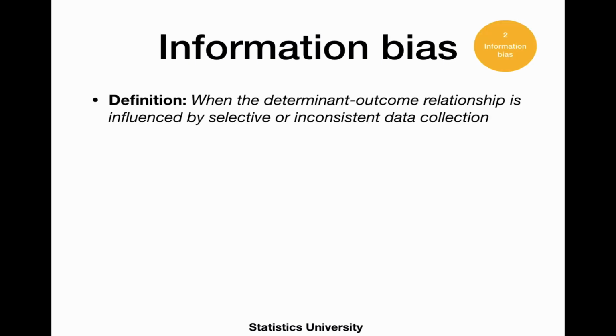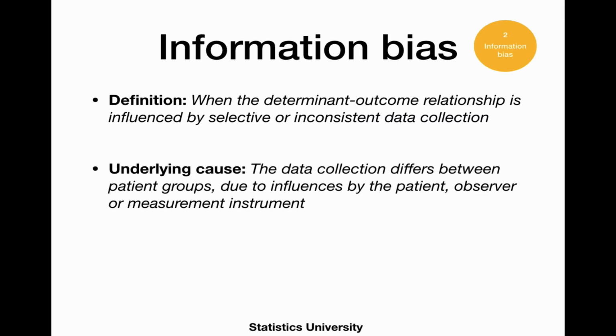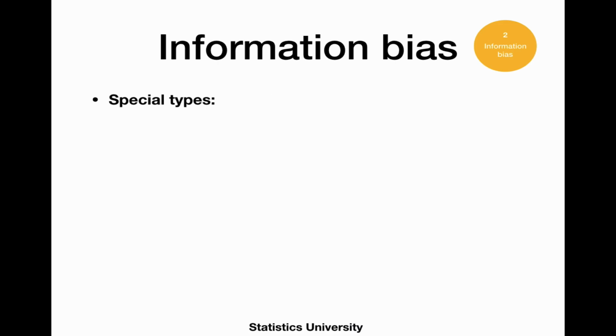Now, in information bias, the determinant-outcome relationship is influenced by selective or inconsistent data collection. And the underlying cause is that the data collection differs between patient groups due to influences by either the patient, the observer, or a measurement instrument.